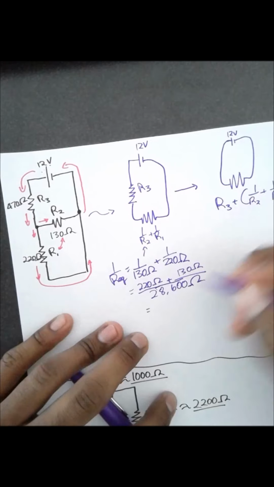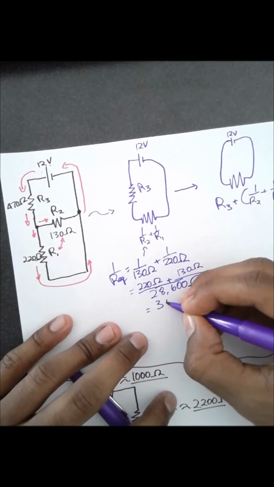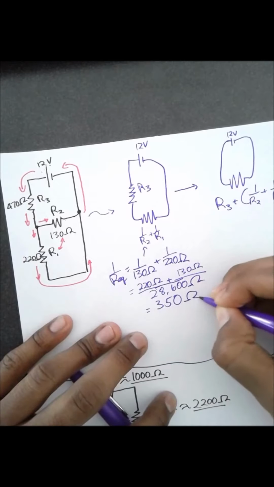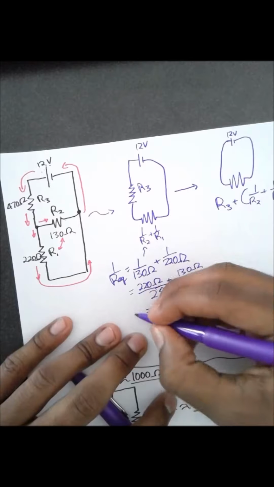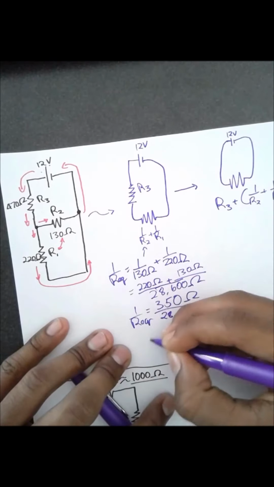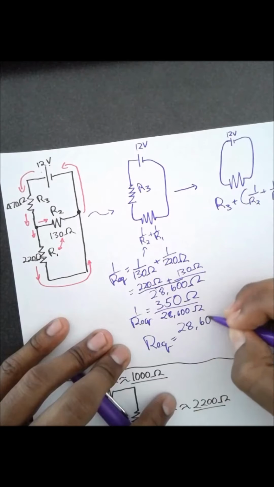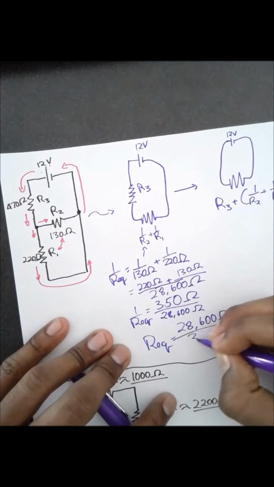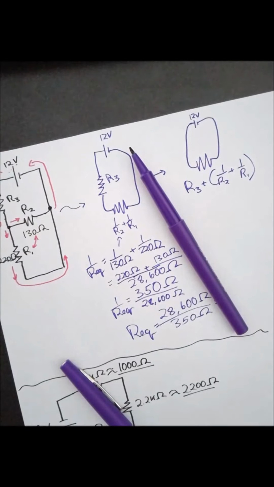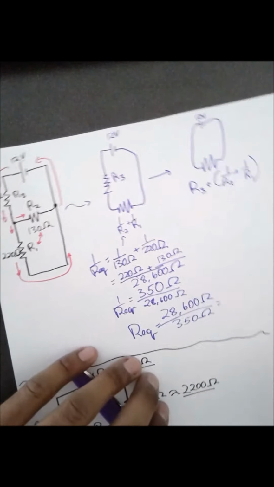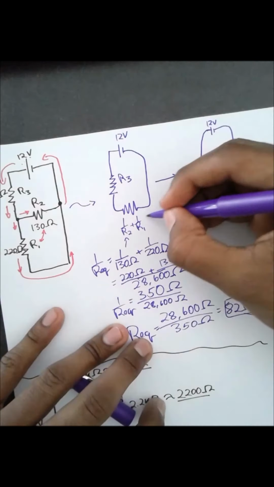Now 220 plus 130 is 350. So we have 350 ohms over 28,600 ohms, 1 over REQ. Now, REQ is just going to be the inverse, right? So 28,600 ohms divided by 350 ohms is going to be equal to 82 ohms. Cool. So the 82 ohms is going to sit here now.